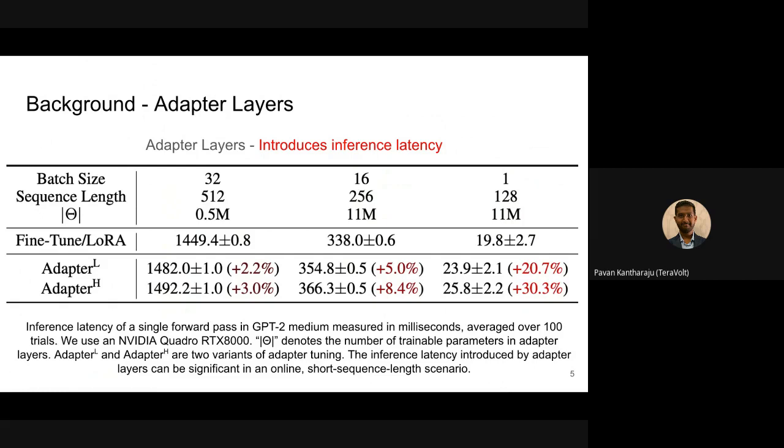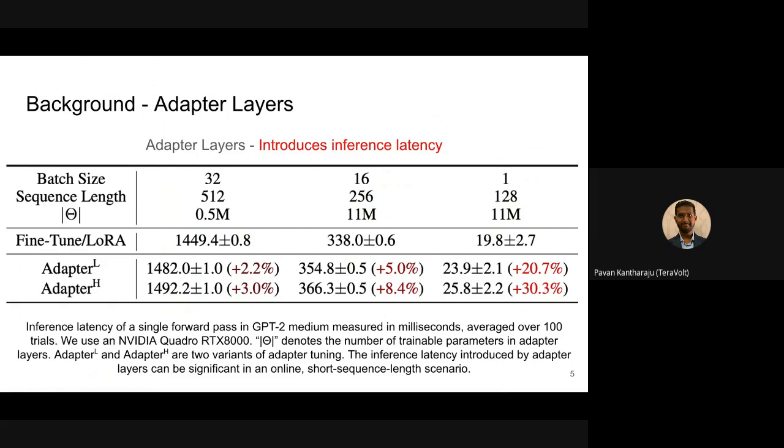What they saw was that in the case of a batch size of 1, if you were to do fine tuning, your latency is about 19.8 milliseconds, and with the adapters it's 23.9, or 25.8, which is a 20 to 30% increase in time.